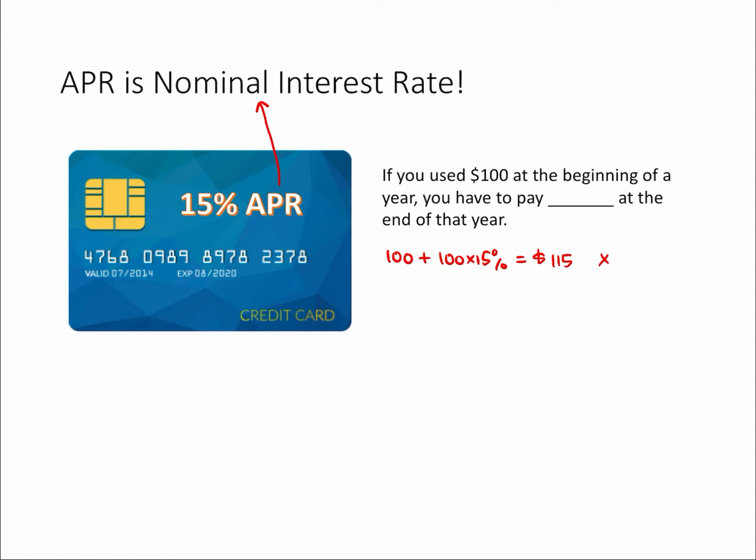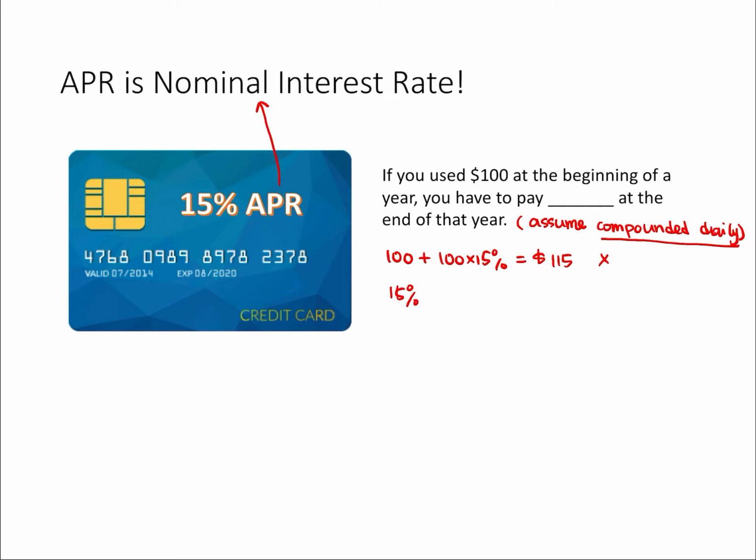Why? Now let's do the calculation. So we said 15% is a nominal rate, and we assume, okay, we need to add a condition. Assume it's compounded daily.